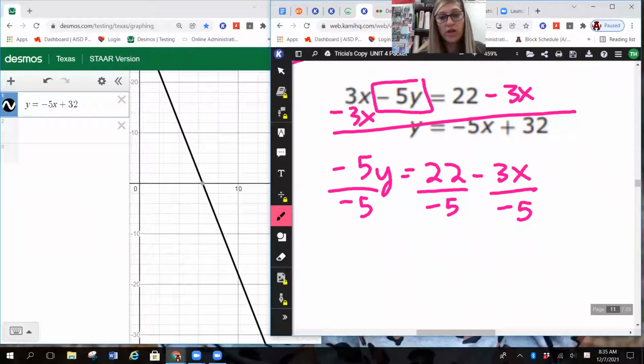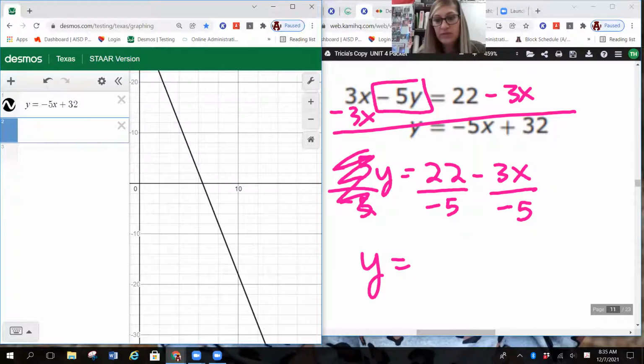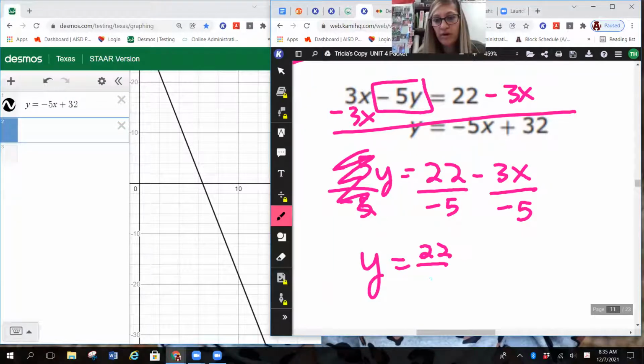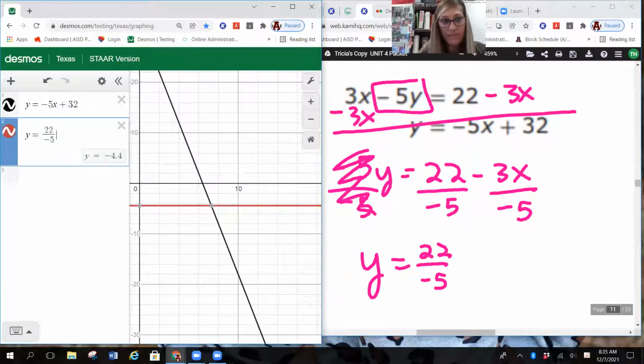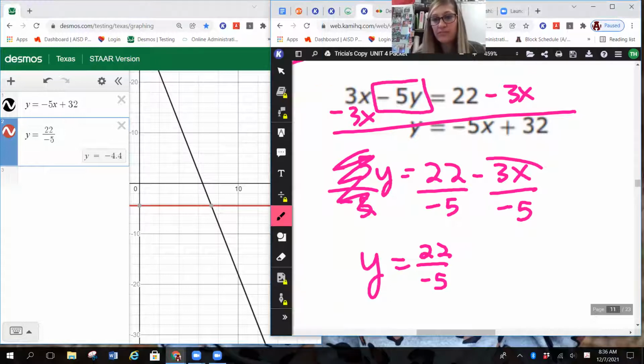Again, for all of you that mess stuff up when you're reducing, just type it in like you see it. 22 divided by negative 5. Okay, y equals 22 divided by negative 5. Notice it's not an even number because y equals negative 4.4. So leave it as a fraction.